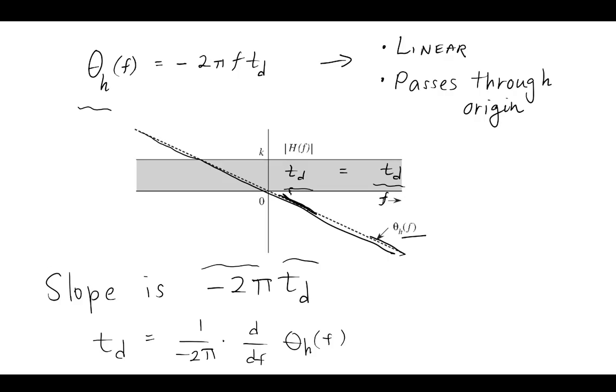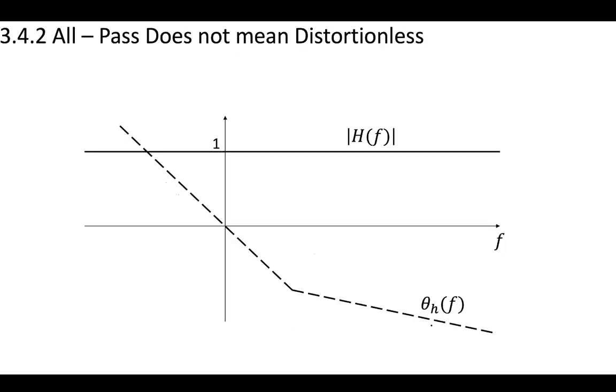So what happens if you have a change in the slope of that phase response? Let's imagine that we have a change in the slope, and let's further imagine that the amplitude response of this transfer function is 1. So this is an all pass.